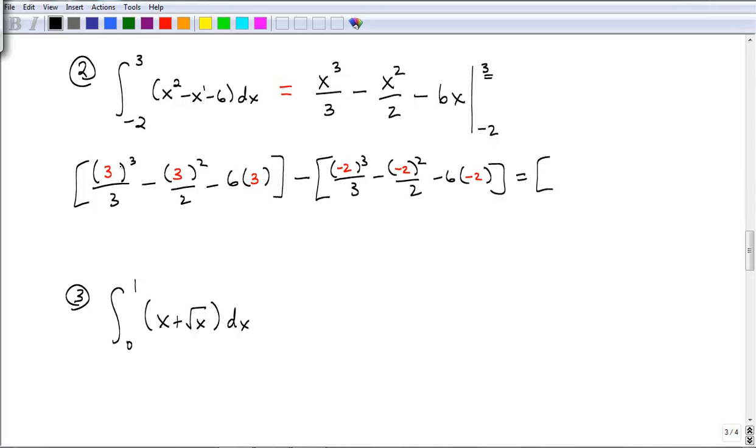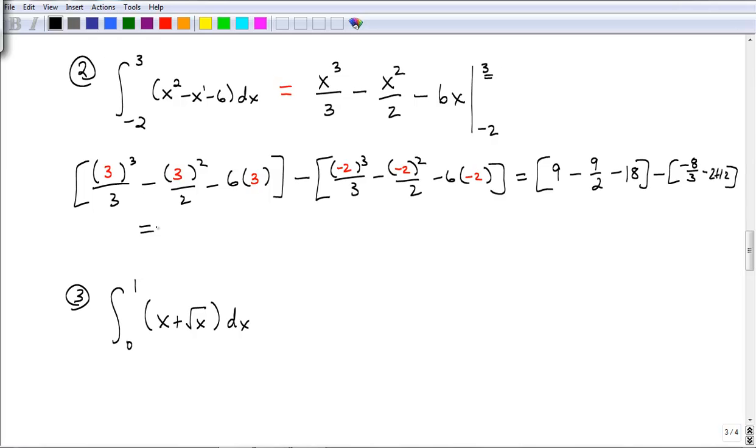So let's work out what we get. In this first box I get 27 over 3, which is 9. That's 9 over 2, and that's 18. In the second box I get negative 8 over 3. That's minus 4, that's 4 over 2, which is 2, plus 12. So this is, now I'm typing this into the calculator.